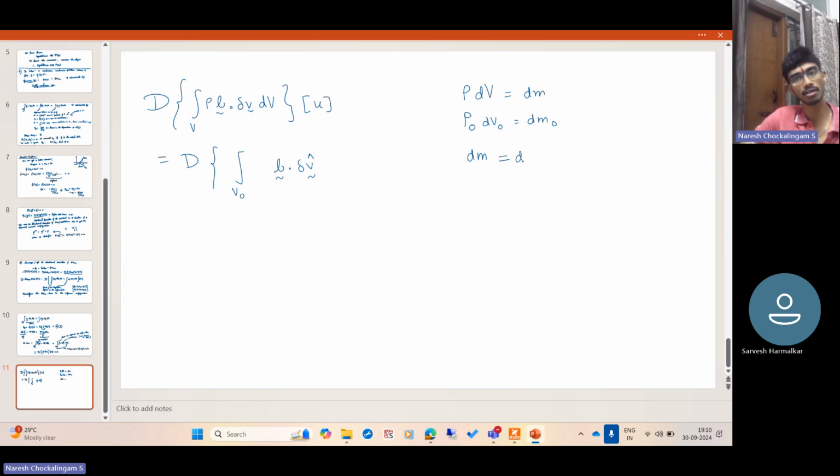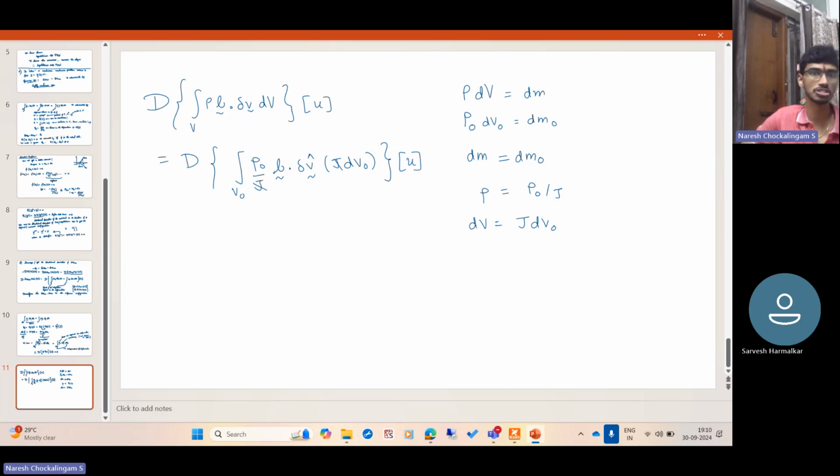So dm should be equal to dm0, which means if dv is equal to j dv naught, rho should be equal to rho naught by j. So in place of rho, you have rho naught by j, and dv is j dv naught, and the directional derivative in the direction u.